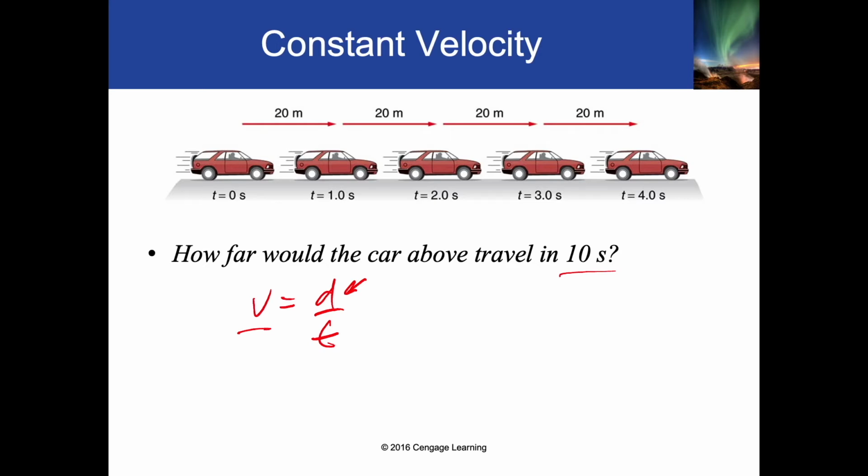Very easy to solve for d here. All you have to do is multiply both sides by t. That's a t there, not an f. So these t's cancel out, and then this t multiplied by that t makes it vt. Vt equals d.